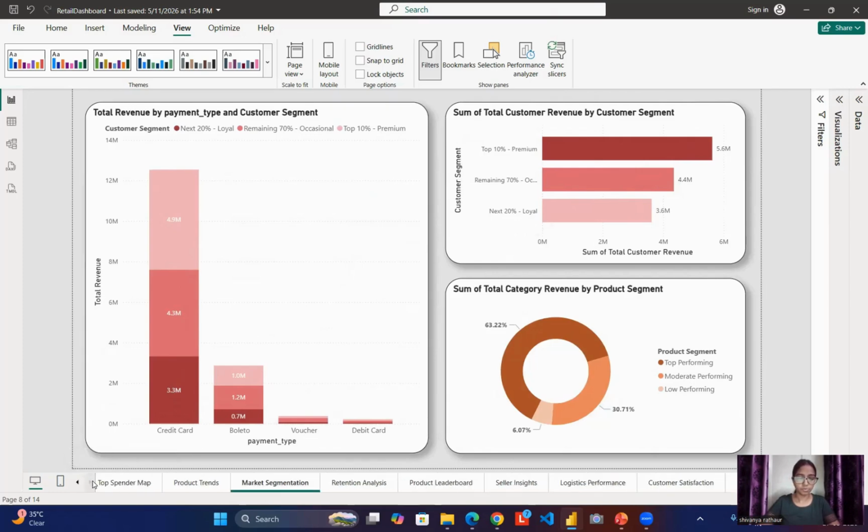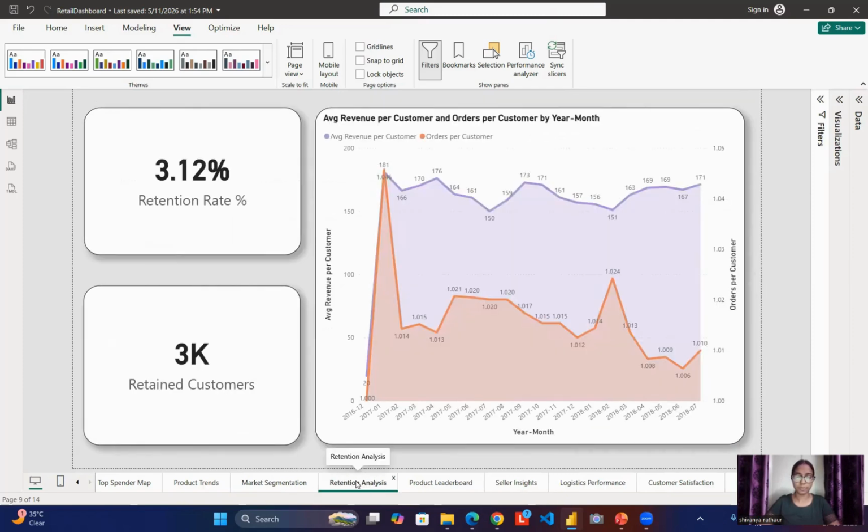Now let's move towards other pages. This is a very important page, which is the retention analysis page. It shows a retention rate percentage of approx 3.12%, and retained customers is 3K, like 3,000 customers buy twice.